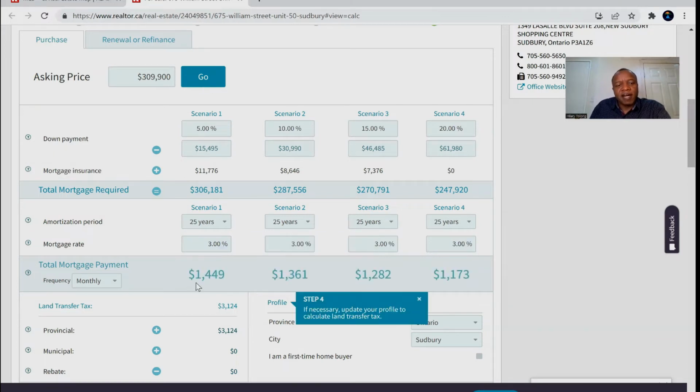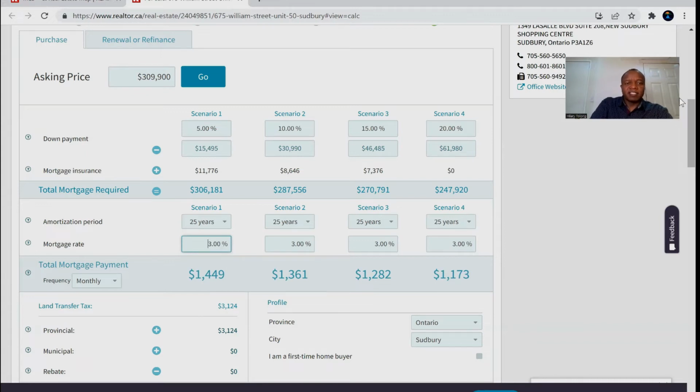It will give you a rough estimate of your monthly mortgage. If you put 5% down, your mortgage would be $1,449, and if you put in 20%, it would be $1,173.